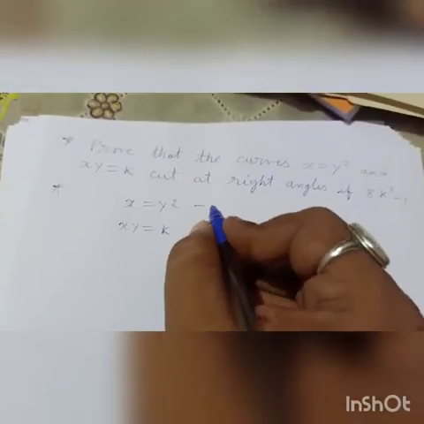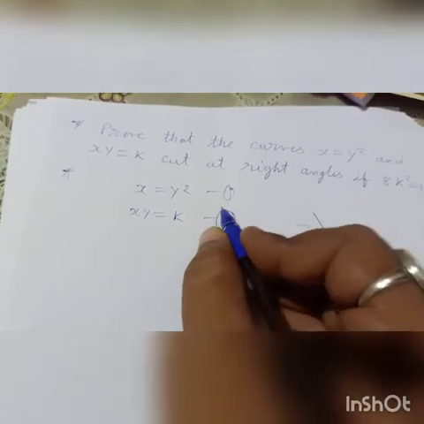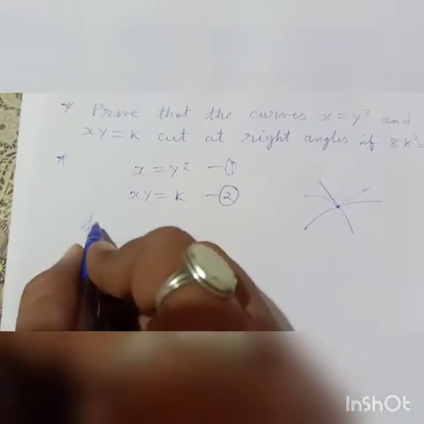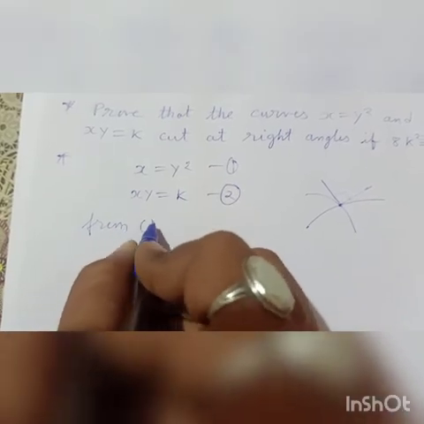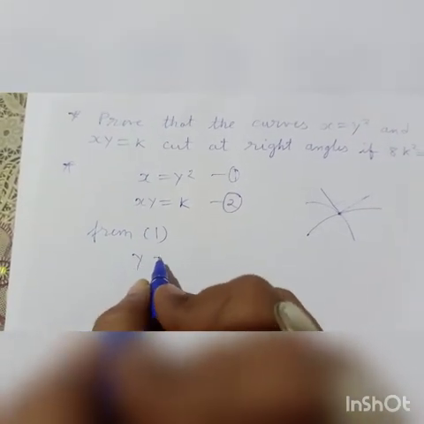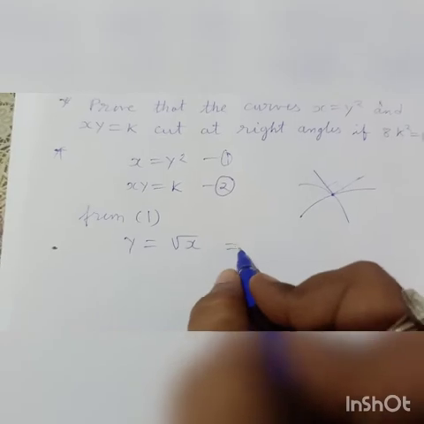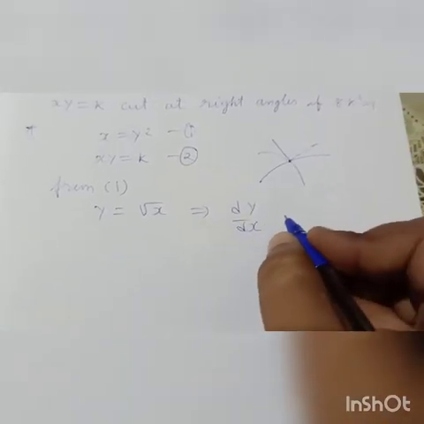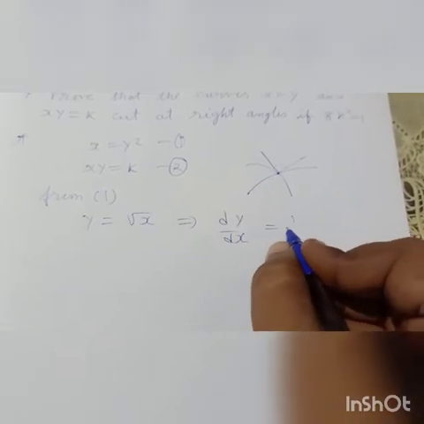Now these are two curves, first curve and second curve. From the first curve, we can say y equals root x. This implies dy by dx equals 1 by 2 root x.